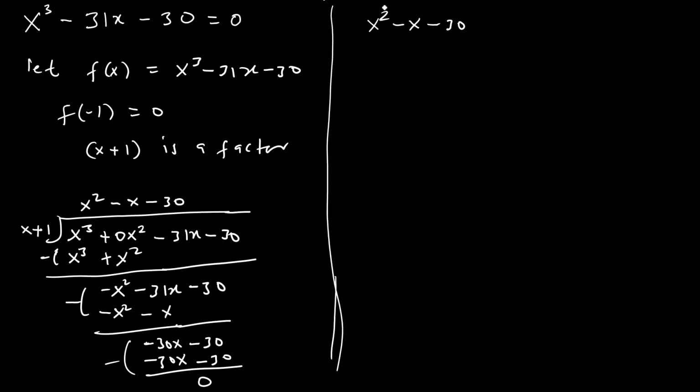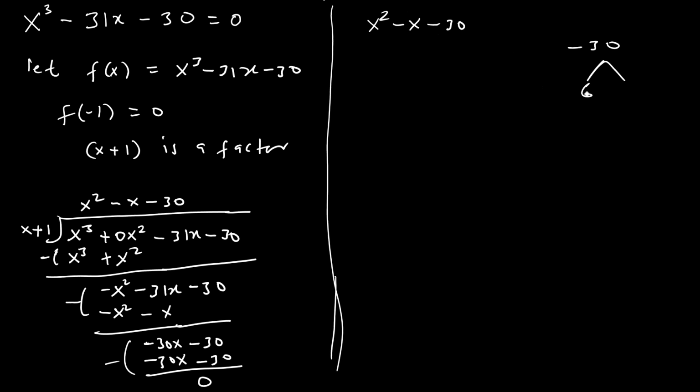Now since this one is a quadratic, we need to factorize it. All right, so let's look for two numbers. We know the coefficient 1 times minus 30 is minus 30. So we have two numbers that multiply to give us minus 30, but when we add, give us negative 1.